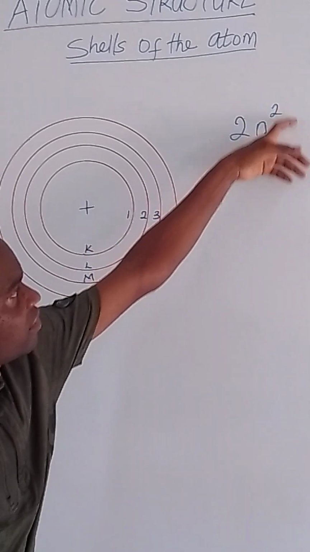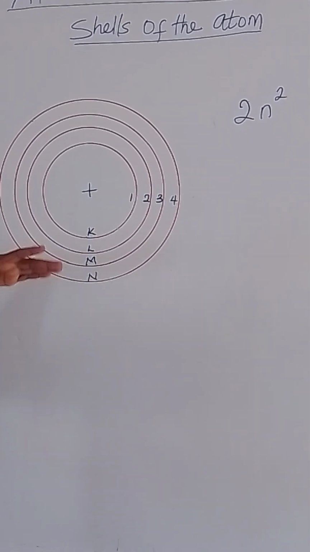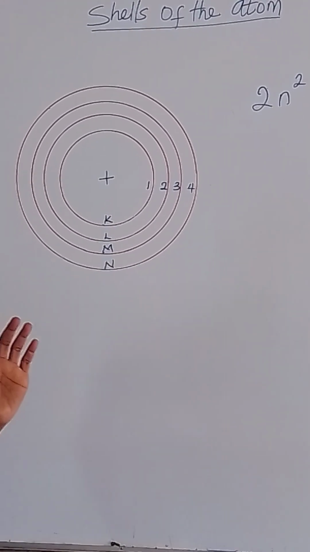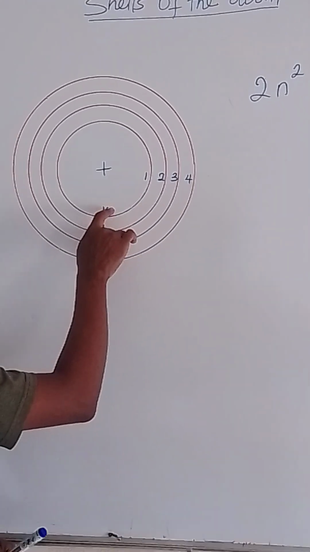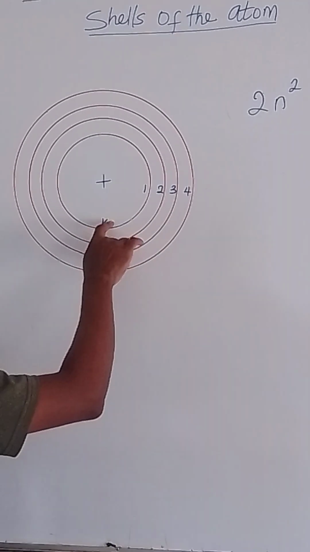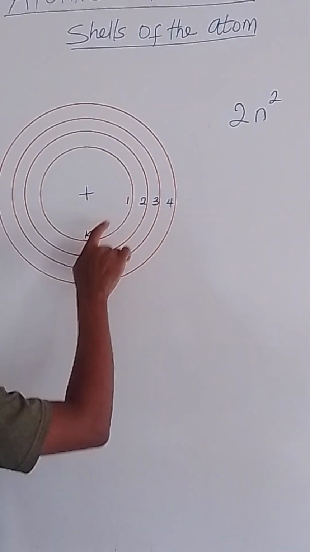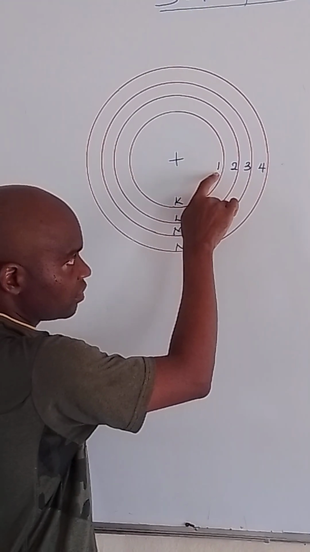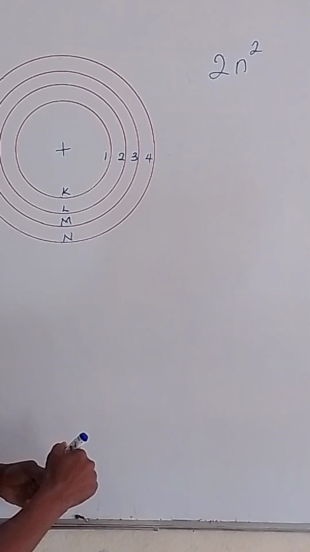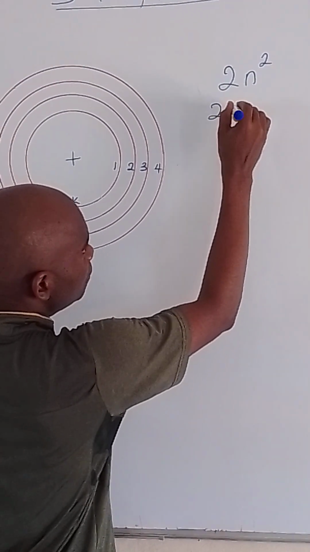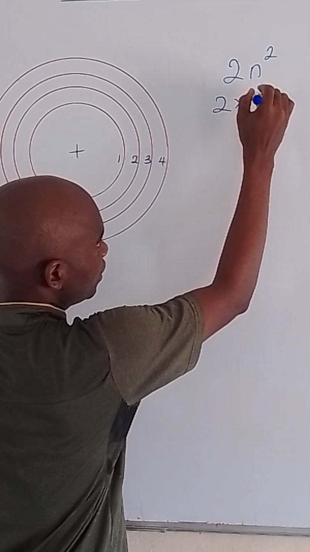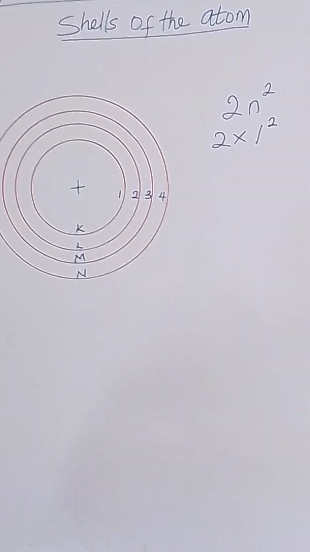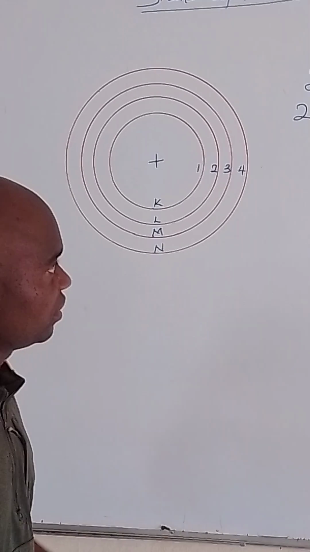So let's now use this formula and see the total number of electrons that can enter into each of these shells. We start with the first shell, K. The shell number for K is 1. So if we substitute 1, that will give us 2 times 1 squared. 1 squared is 1 times 1, which is 1.